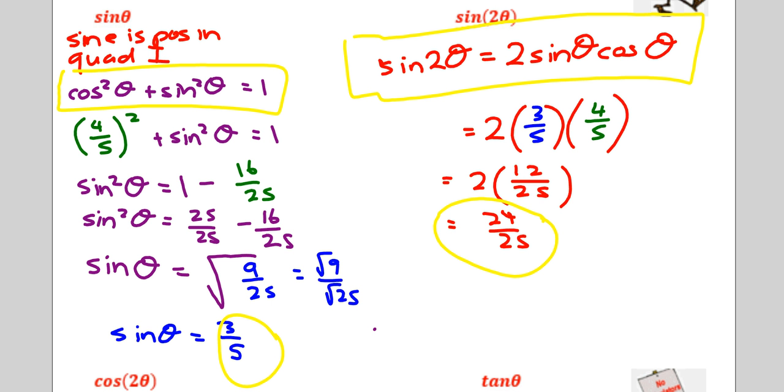This does make sense because if you've got an angle in quadrant 1 and you doubled it, so if you had a tiny angle like 15 degrees, if you doubled it, it's 30 degrees, still in quadrant 1. It could be in quadrant 1, or it could be in quadrant 2.